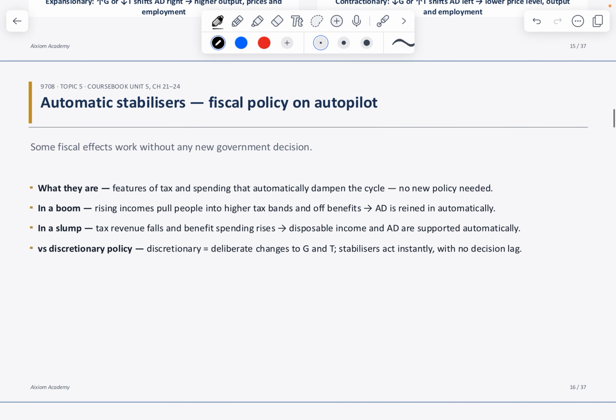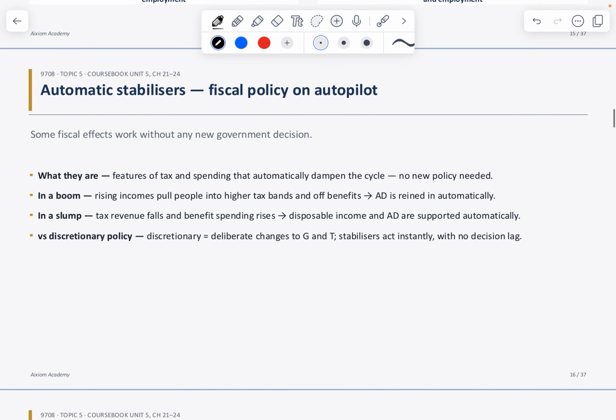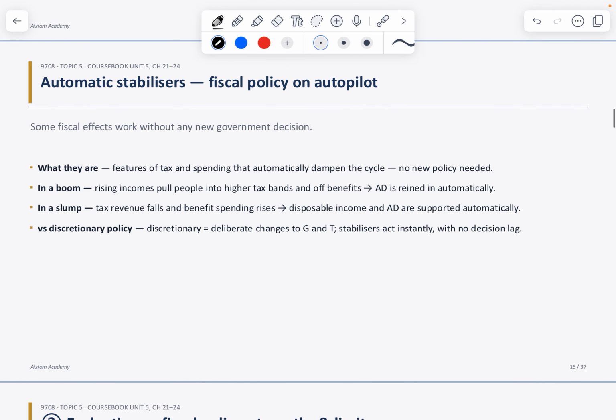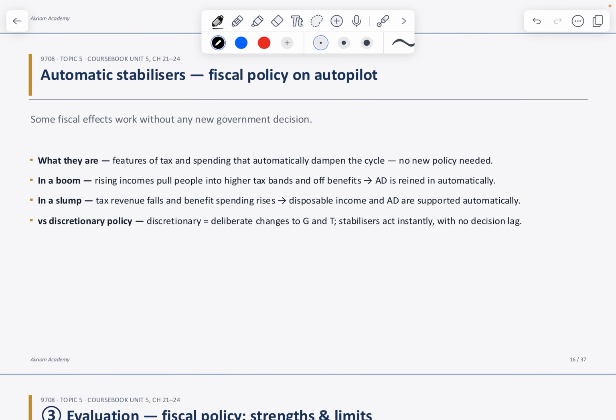Now turning to the automatic stabilizer, which is a unique feature of fiscal policy. In the boom, because people have higher income and spend more, you will automatically be taxed more, through direct taxes and through indirect taxes.